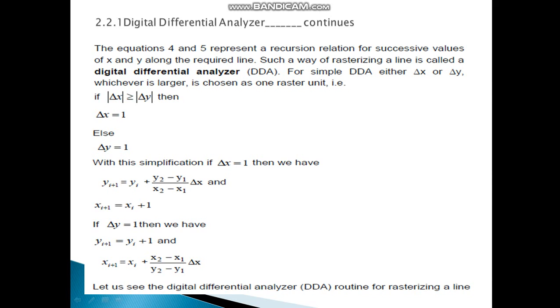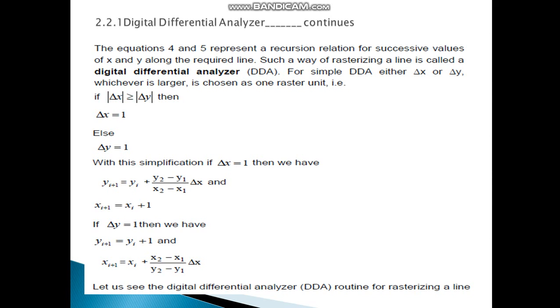Then we find out the y equation, that is, if m is equal to y2 minus y1 upon x2 minus x1, then if x2 minus x1, that is delta x, is equal to 1, then the equation is y2 minus y1 upon 1 is equal to m.